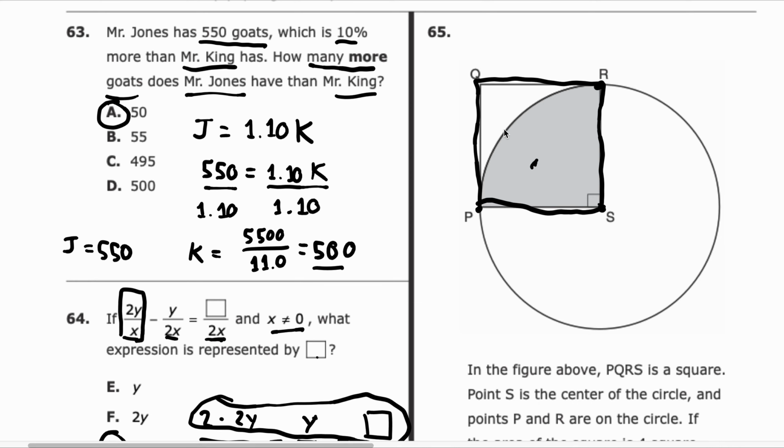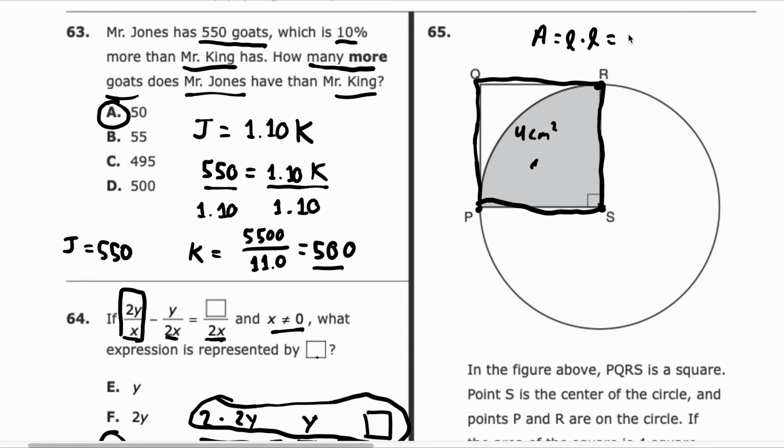Okay, so we know that the area of the square PQRS is 4 centimeters squared. So from here we can calculate the lengths of the square. The area of a square is just equal to its length times its length.